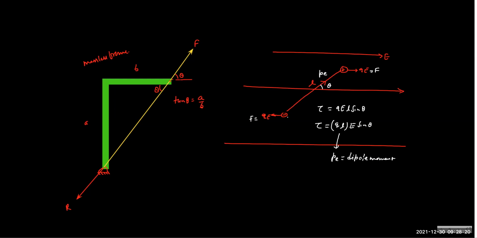That's the definition. So the formula becomes P E sin theta, where E is the electric field vector, and later on you can also write it as P cross E in vector notation.